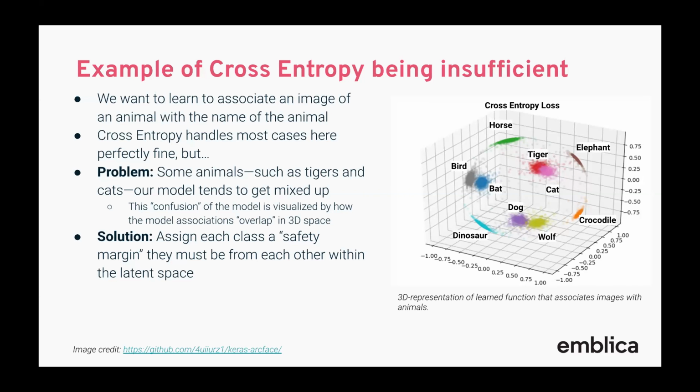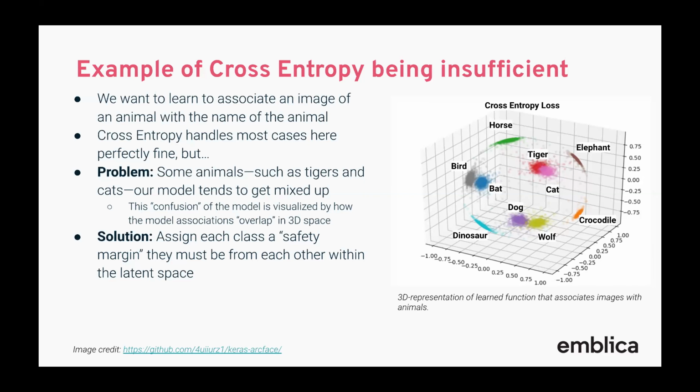But if you think of a tiger, for example, a tiger is quite similar to a cat. So maybe our model, with a low amount of data available, would confuse a cat with a tiger, because a cat is just a smaller tiger. And here on the right, we have this 3D representation of how the model has learned when we have used cross entropy. It illustrates the problem I was just talking about.